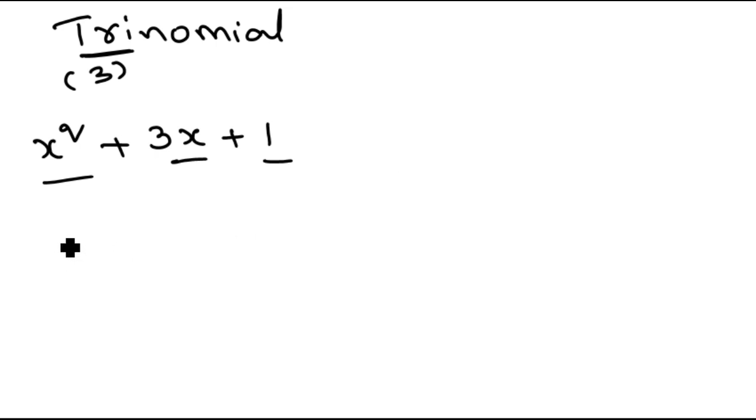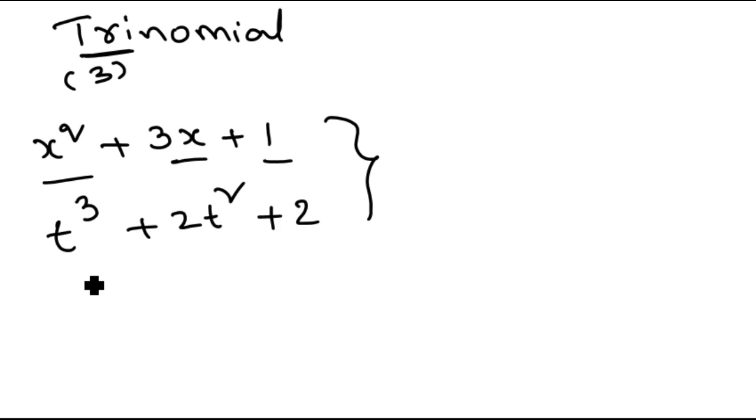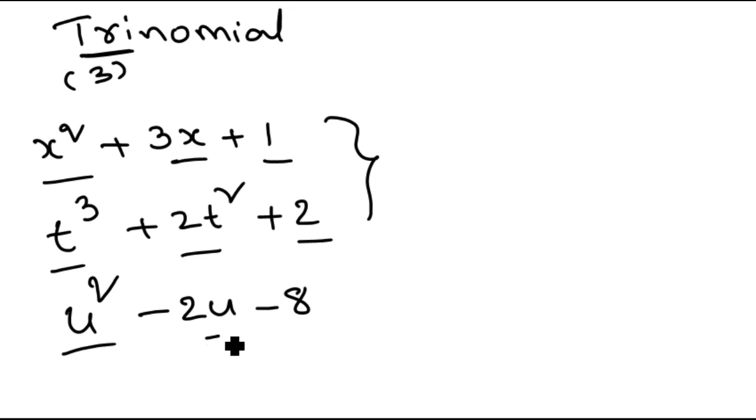Examples are like t³ + 2t² + 2. This contains 3 terms. One more example. Got it? This also contains 3 terms, that is called a trinomial. Clear?